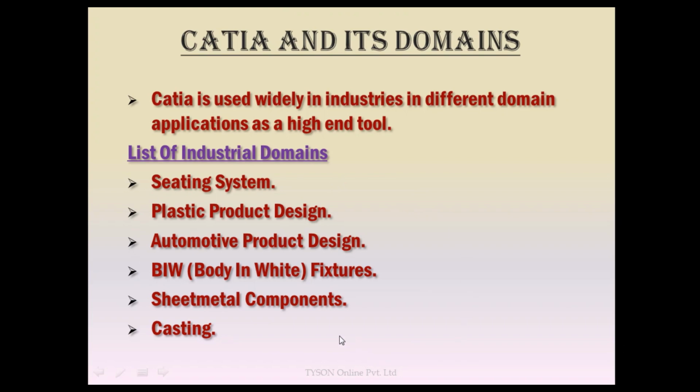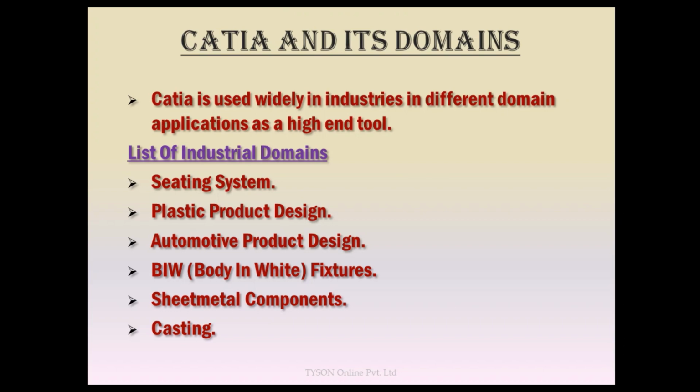If any industry is working on the design of seating systems, or only manufacturing plastic products, or only automotive design, certain industries need body in white fixtures, and certain industries are using sheet metal components. So there are certain courses available for this, and CATIA is the important tool for these domains.